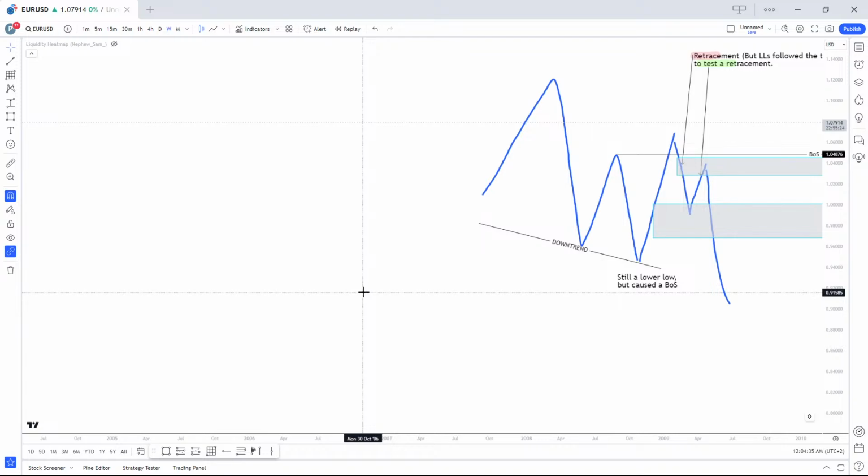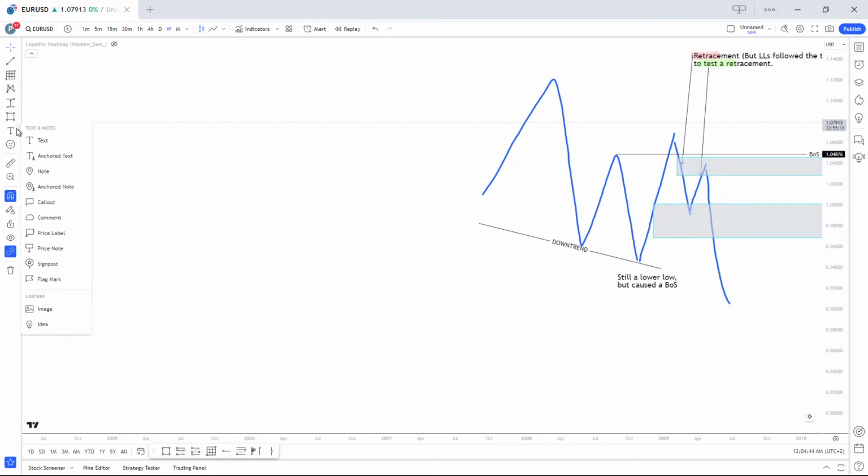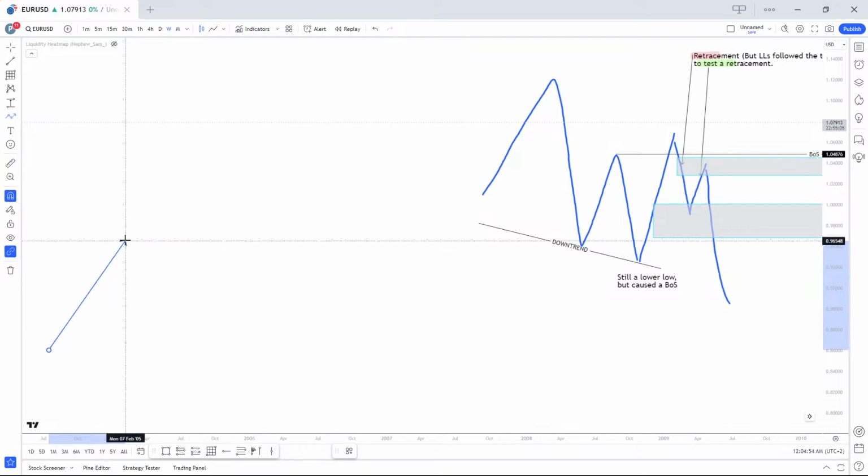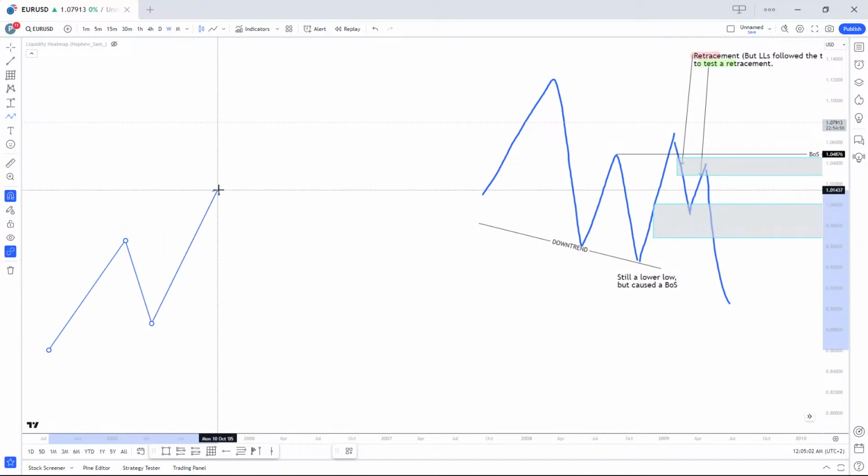We have to make... alright, so actually, you know what, we can do this with the path too. I forgot we got this one. So path, okay. So we're in an uptrend, and we're making higher highs, higher lows, higher highs.